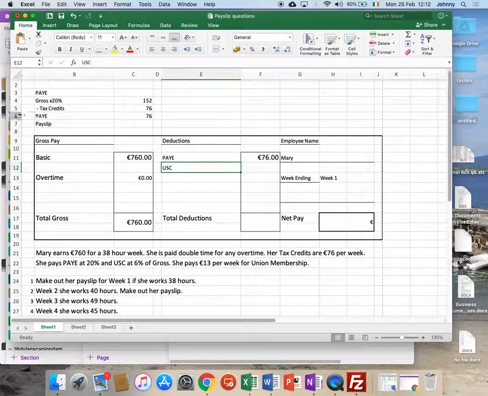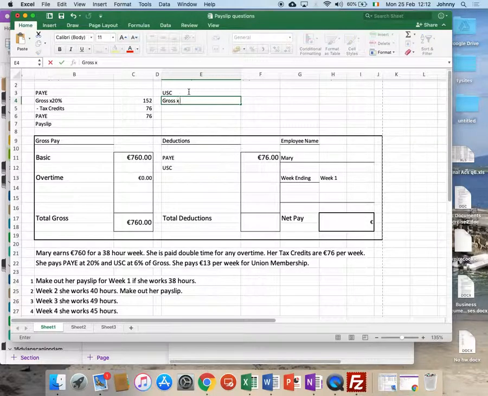USC then. So USC, it says, USC is 6% of gross, so I'll put the calculation for that over here. So USC is gross multiplied by 6%. And there's no tax credits relevant here. So that's going to be 760 multiplied by 0.06, or multiplied by 6 and divided by 100.